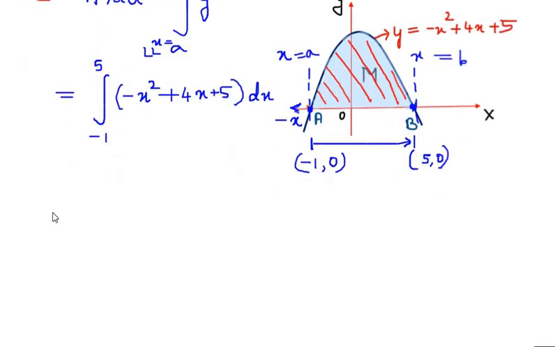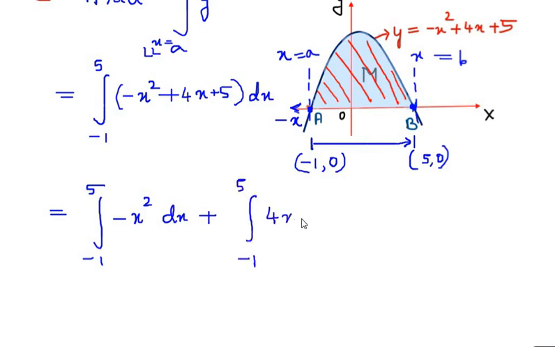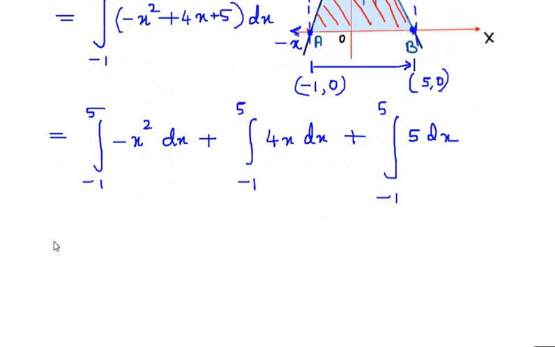So let me start integrating these values. I'm going to separate individual terms. So integration from -1 to 5 of -x² dx, plus integration from -1 till 5 of 4x dx, plus integration from -1 to 5 of 5 dx. So let us start solving this.